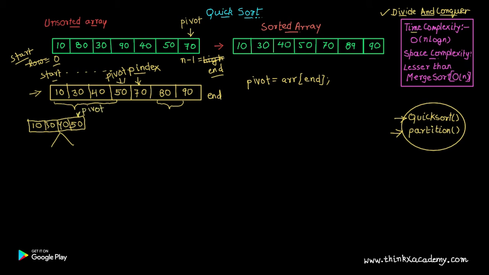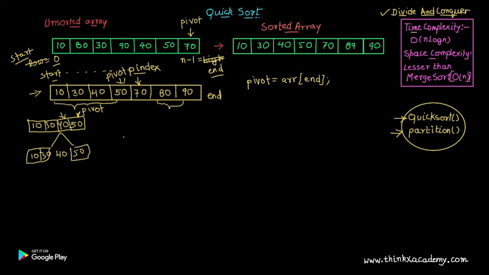In the next step it will pick up this one as the pivot element, so all the values greater than this element will come here and lesser than will come here. So this is another subarray, and this is also a subarray.